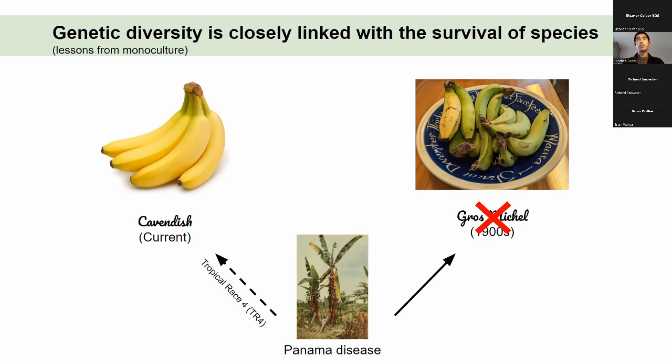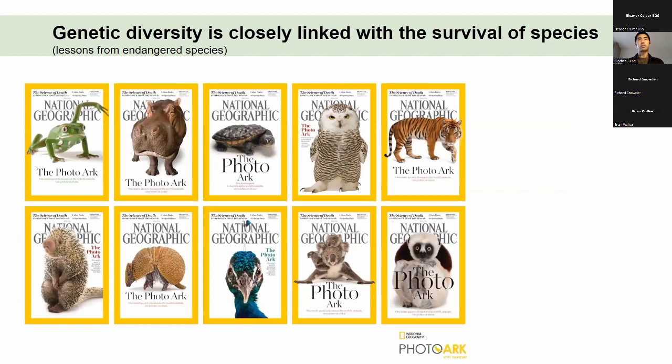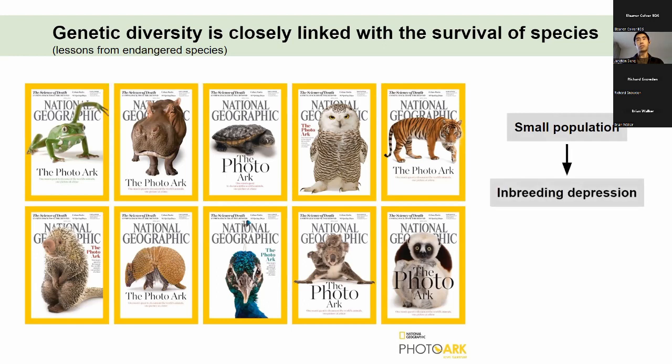And genetic diversity is also talked about a lot in conservation biology. Those endangered species usually have a very small population. And a problem with those small populations is that the individuals within them tend to be related to each other. So this will cause a problem of inbreeding.